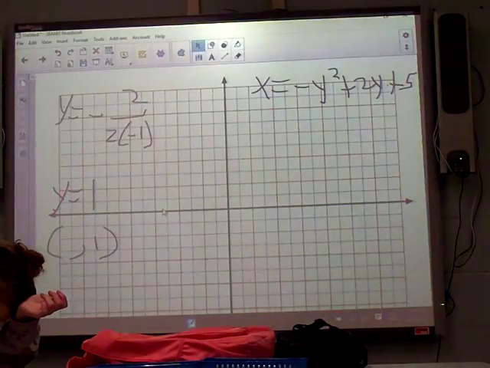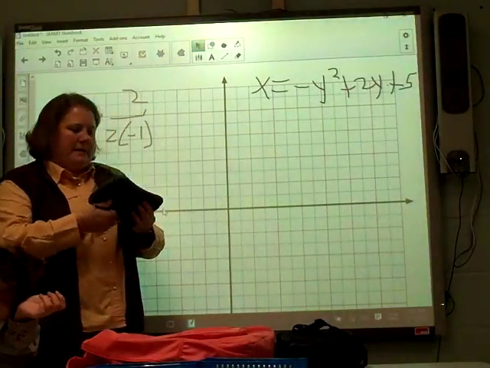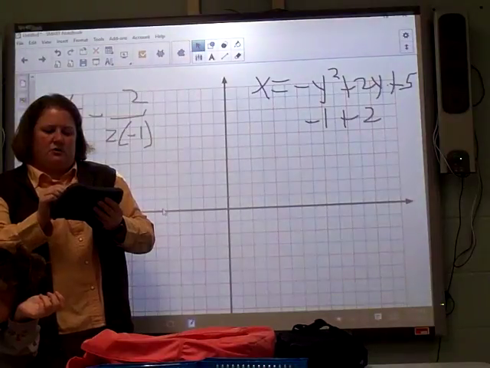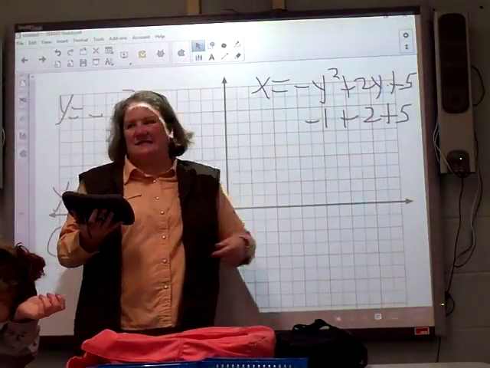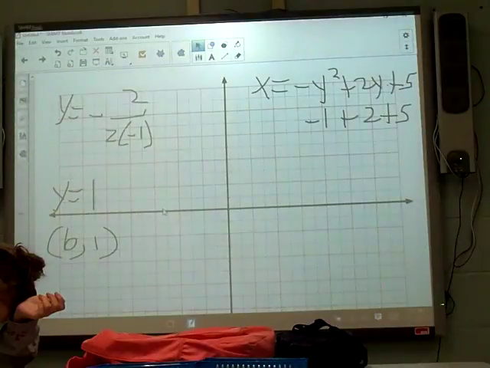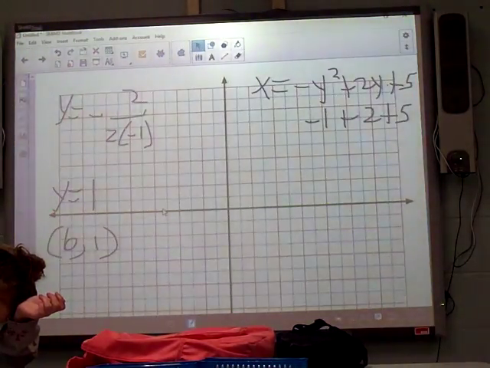Plug that 1 in now and get your x. 1 squared is 1, make that negative, it'll be -1, plus 2 times 1 is 2, plus 5, so that's 1 plus 5 is 6. So our vertex would be at 6, 1. I don't think I got 6 spaces, so I'm going to count on every one, blue and red.